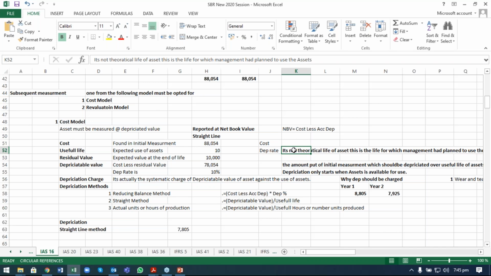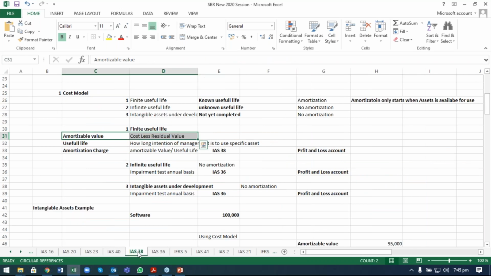So you have to depreciate that asset over the next 10 years rather than based on the theoretical life of the asset. We have already discussed in previous classes, accounting is based on the intention of the management rather than the actual results. So management wants to use that intangible asset for the next 10 years, while that intangible might have a useful life of 20 years.